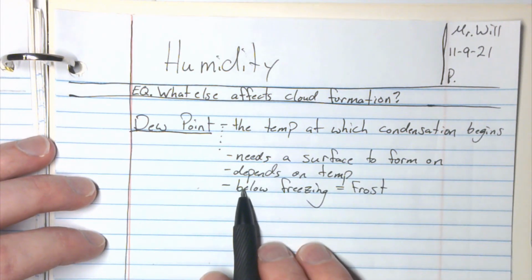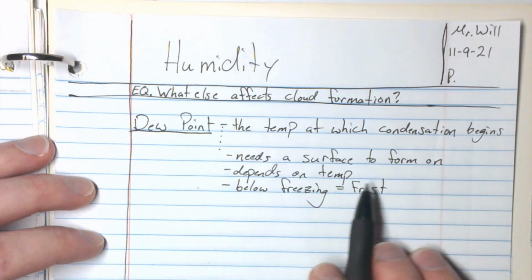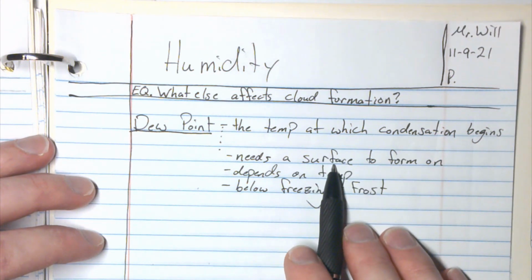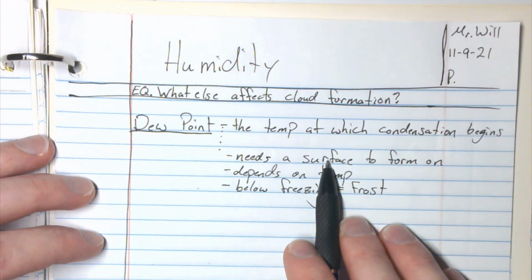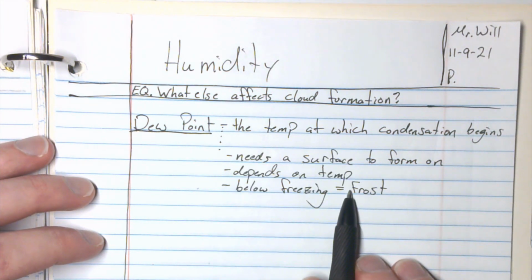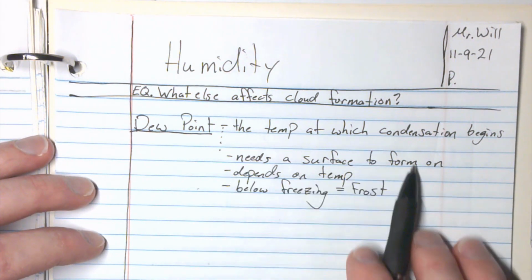That's the same for clouds as well. So if it's up in the atmosphere, it needs a surface to form on. So that'll be dust or other like smoke particles in the air. And if it gets cold enough, it starts to form like ice crystals and stuff up in the air, and then we'll get snow. Or if it builds up even more, we'll get rain.